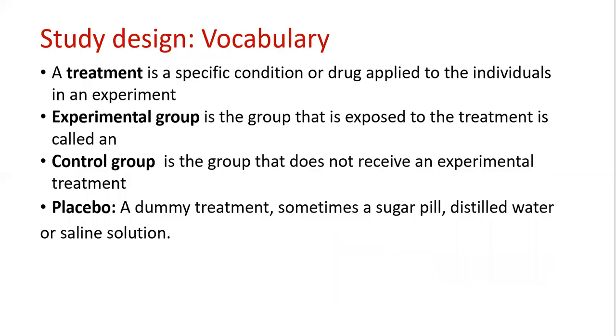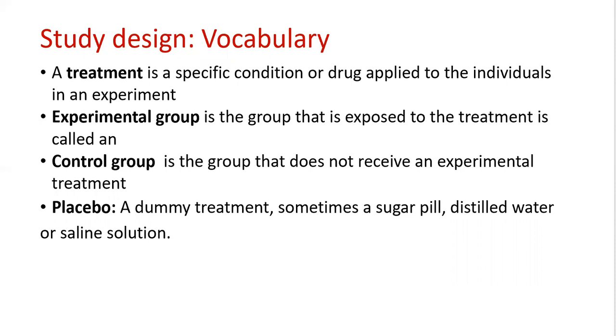So here's some vocabulary that you need to be aware of. A treatment is a specific condition or drug applied to the individuals in an experiment. So in the previous example, it was the vaccine. The experimental group is the group that is exposed to the treatment.